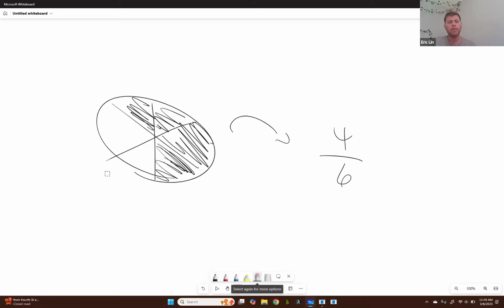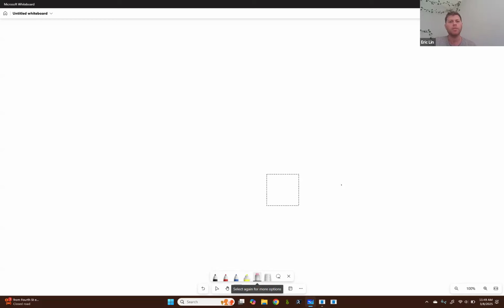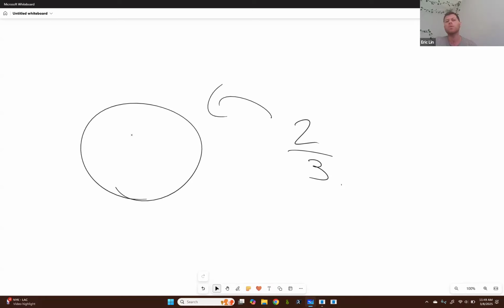Then we also had some going in the opposite direction, where it's like, okay, if I have, say, 2/3, what does the circle look like that represents the fraction 2/3? Well, in this case, it'd be like this.